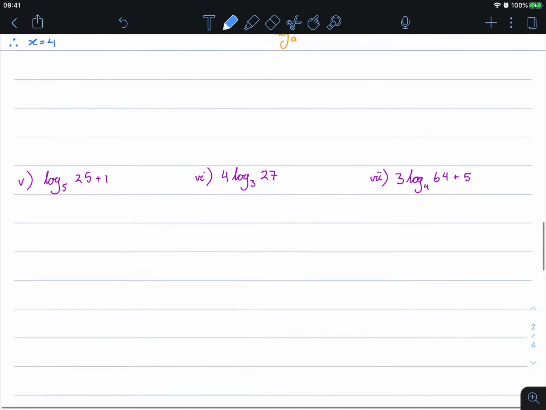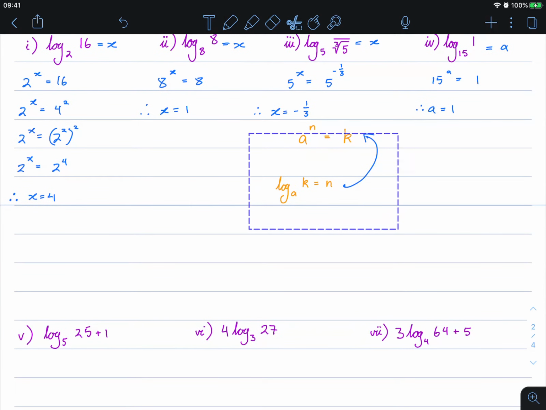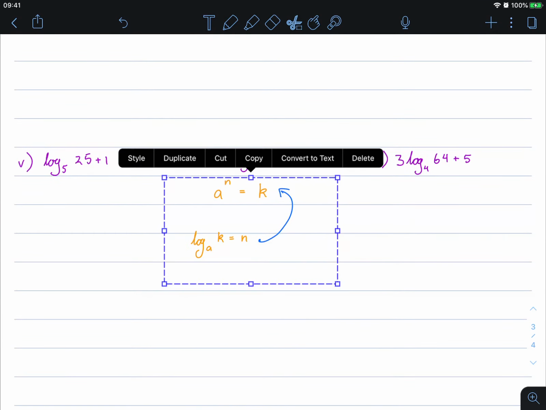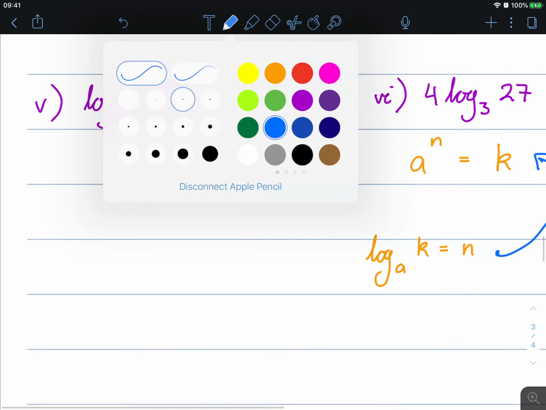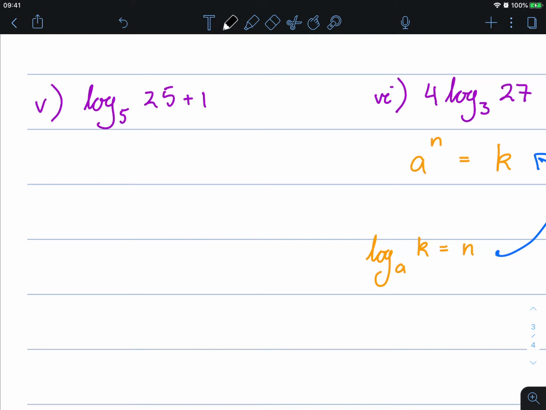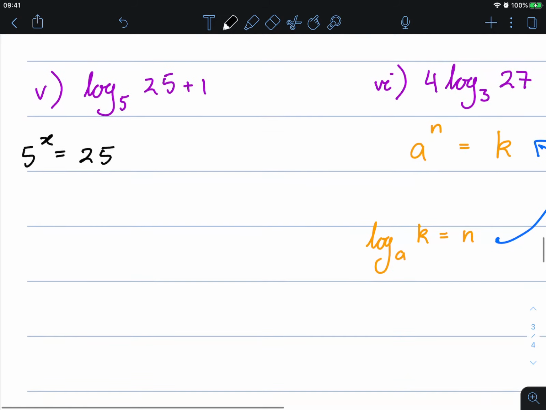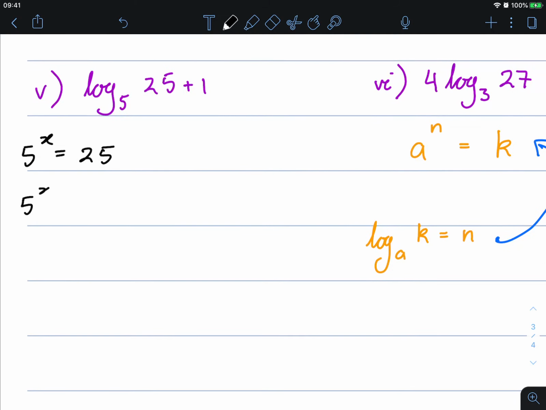So here's where it gets slightly more difficult. Let's bring this back down so we can keep looking at it. So for this, we only let this portion equal x. Okay, so we're going to do a little sub calculation off to the side. Let's do this in a different color. So this becomes 5 to the power of x is equal to 25. 5 to the power of x equals 5 squared.